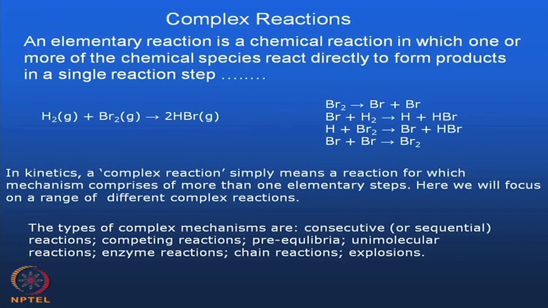A complex reaction can be regarded as a combination of more than one elementary step. Elementary steps are steps where you can see as if 2 components, or maybe one component, is directly giving you the product.